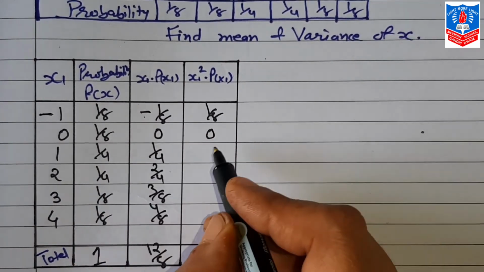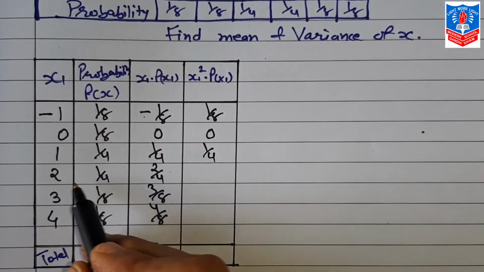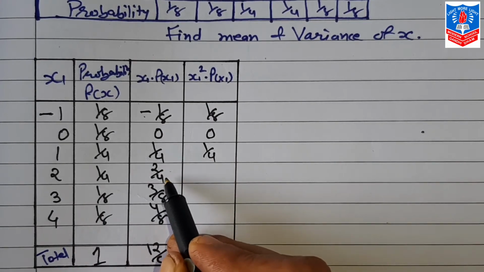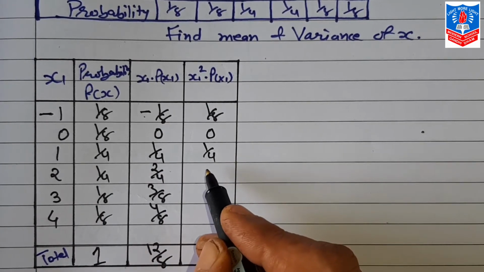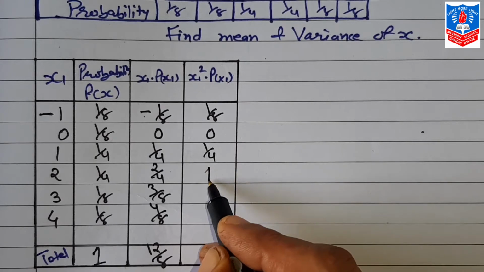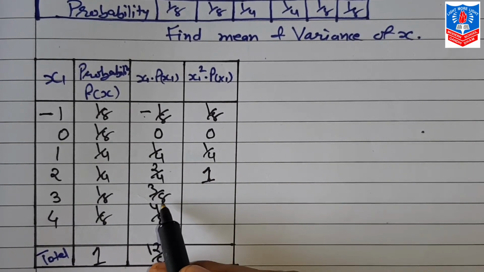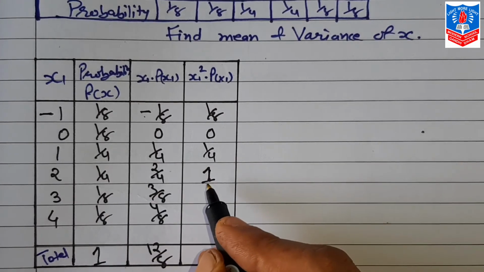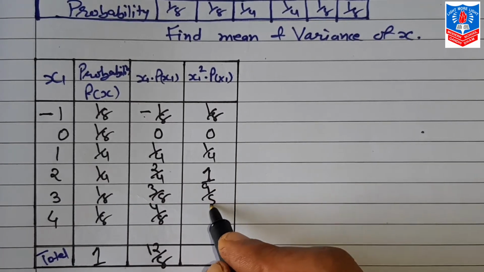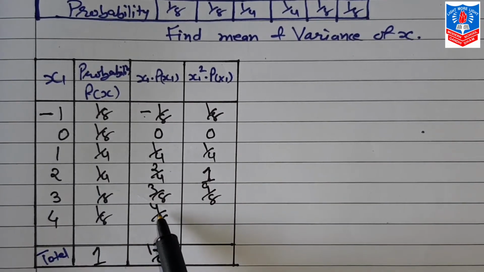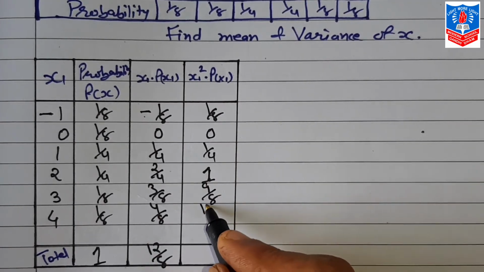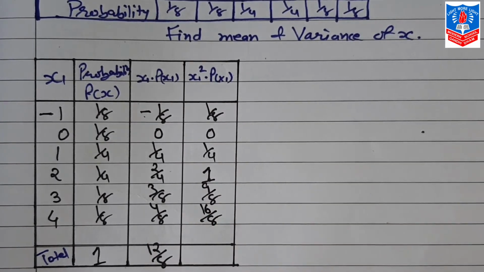This is 1 into 1 by 4, again 1 by 4. 2 into 2 by 4, that is 4 by 4, will be exactly 1. 3 into 3 by 8, 3 threes are 9, so it will be 9 by 8. 4 into 4 by 8 will be 16 by 8.